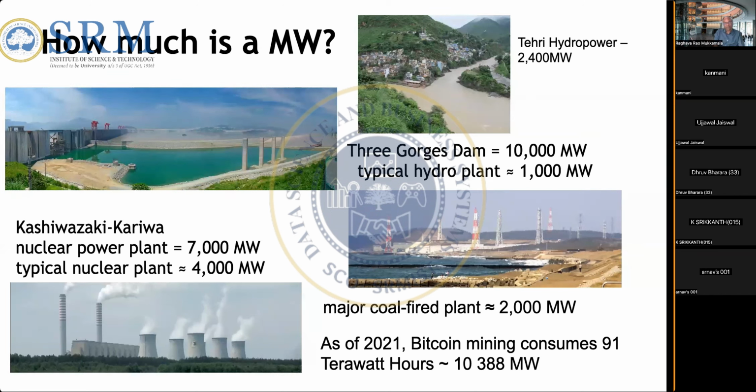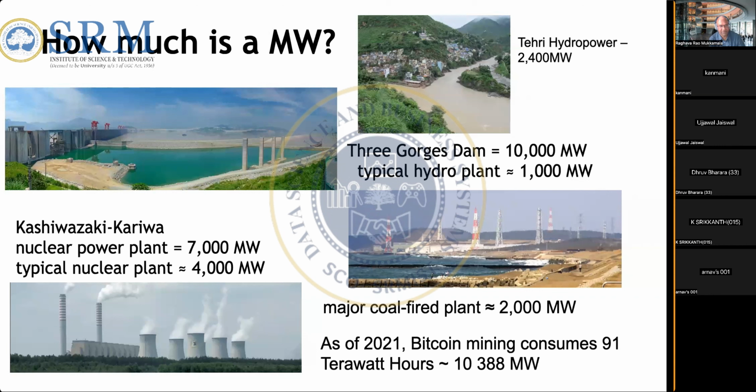For example, the Tehri hydropower plant in northern India produces around 2,400 megawatts, and the Three Gorges Dam in China, the largest hydropower plant in the whole world, generates 10,000 megawatts.